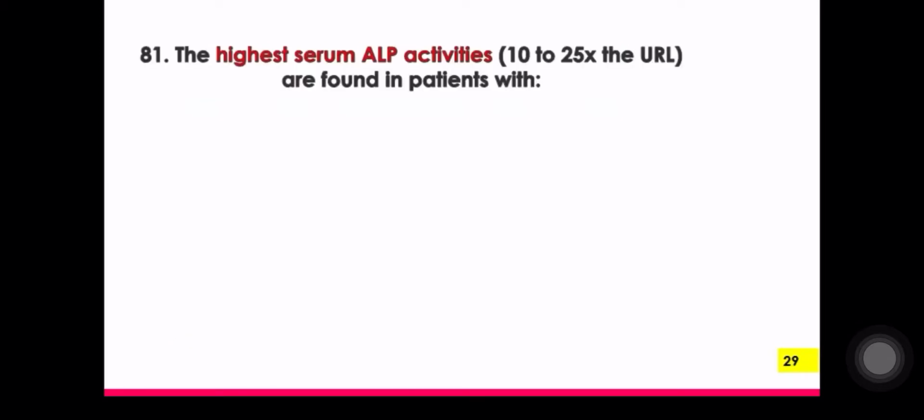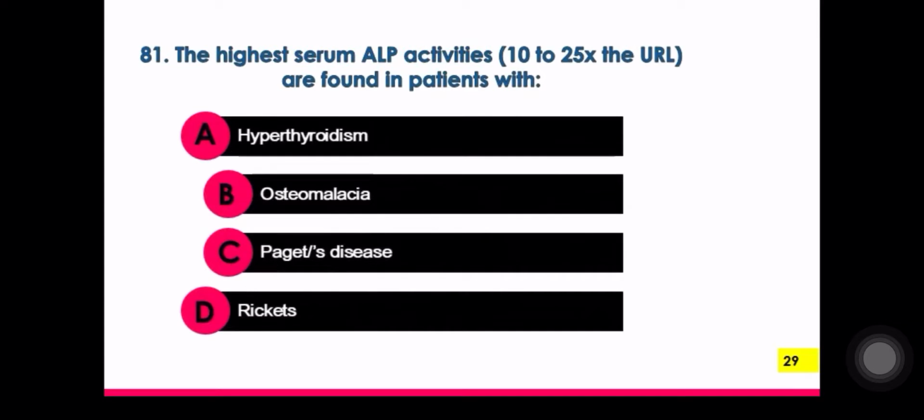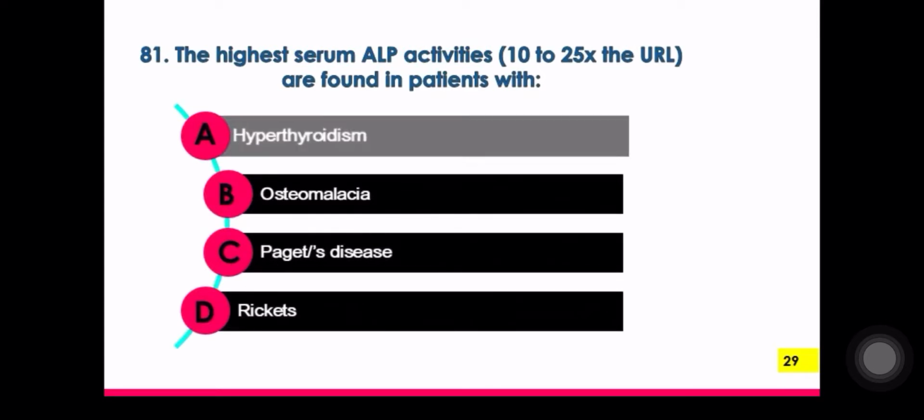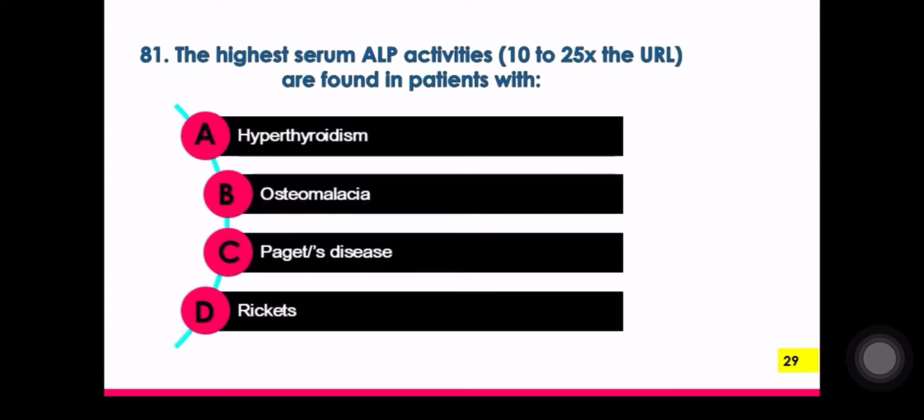Now, for number 81, the highest serum ALP activities, that's 10 to 25 times the upper limit, are found in patients with which condition? Is it letter A, hyperthyroidism? Letter B, osteomalacia? Letter C, Paget's disease or osteitis deformans? Or D, rickets? The highest serum ALP activities are found in patients with Paget's disease. The most common causes of increased ALP are liver or bone disease.